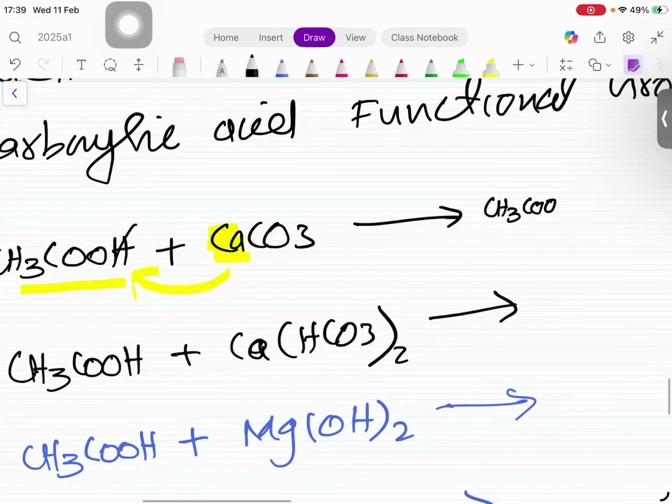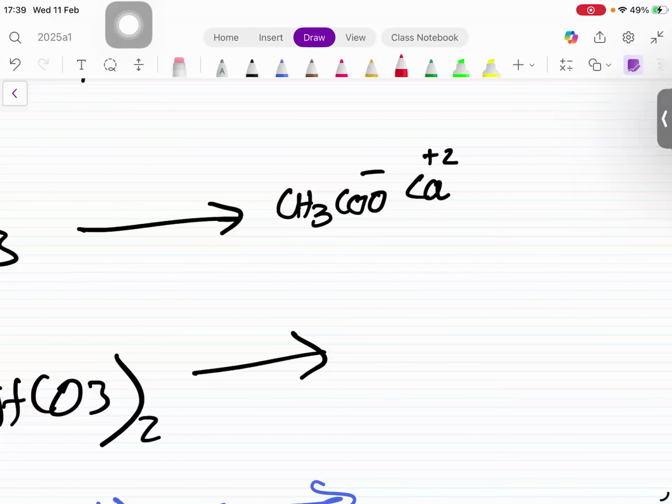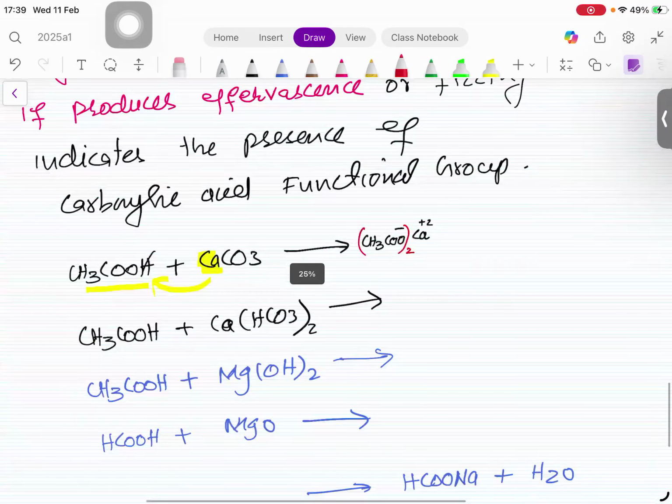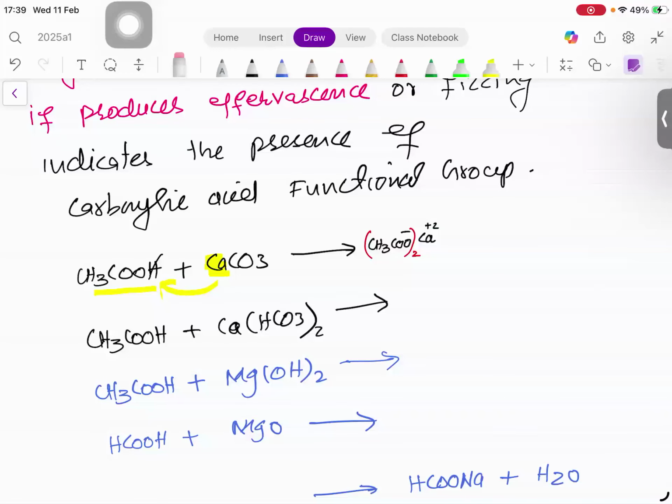turn it into one negative. But the calcium belongs to group 2, so it is 2 positive. The formula writing principle says that you have to cross multiply these. So what will be the formula of this salt? CH3COO twice Ca. We don't write these positive and negative ions.